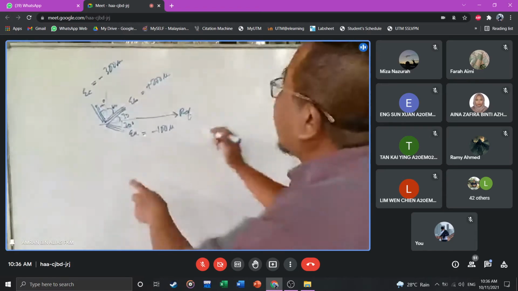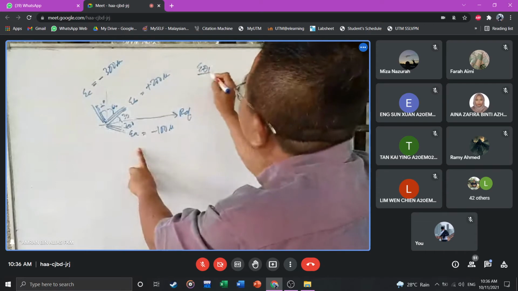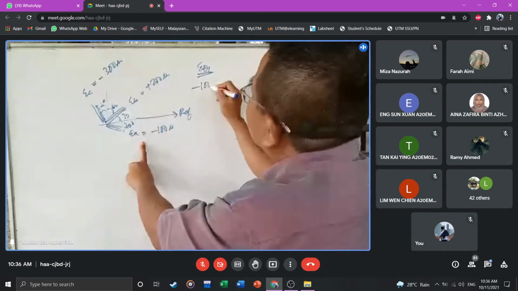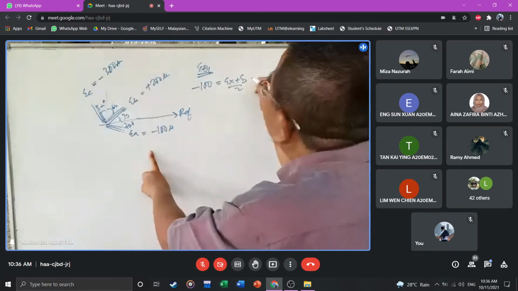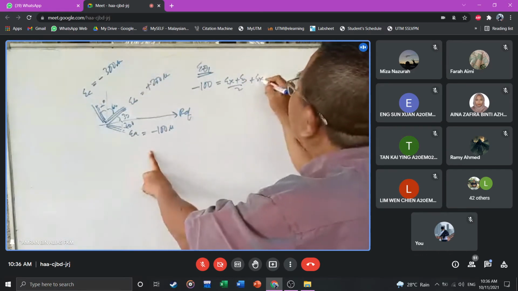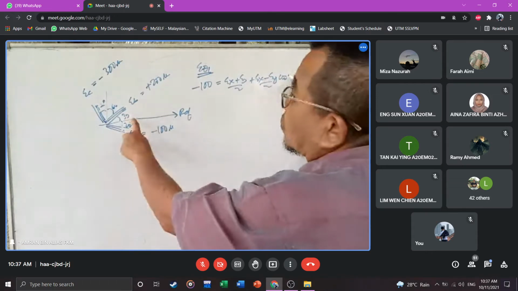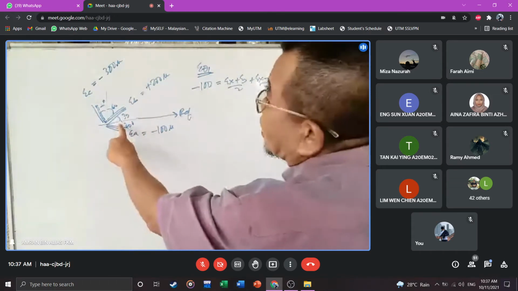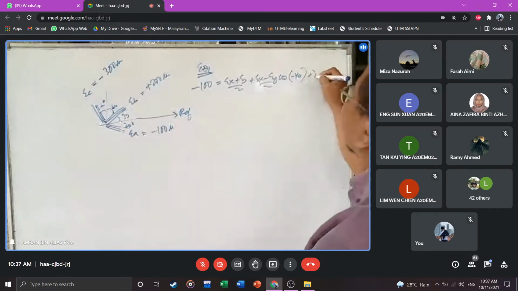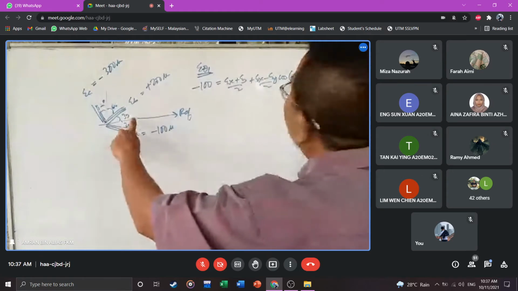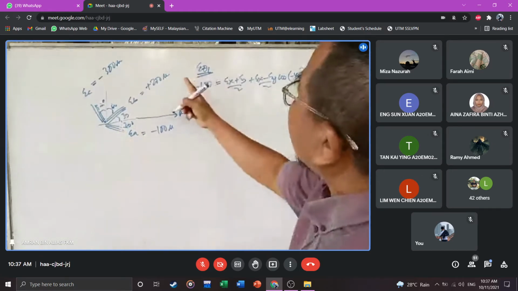Put the first equation there, E theta 1. What is the value there? Minus 100 is equal to Ex plus Ey over 2 plus Ex minus Ey over 2 cos 2 times negative 20, negative 40, then plus gamma xy over 2 sine negative 40. One equation there.